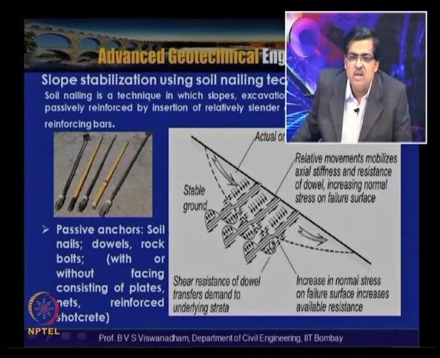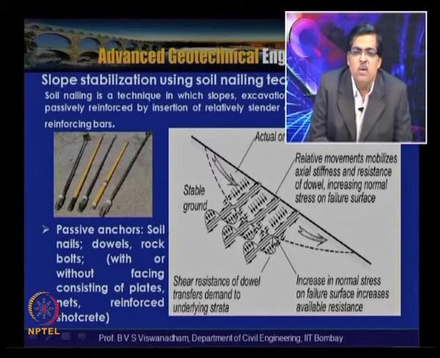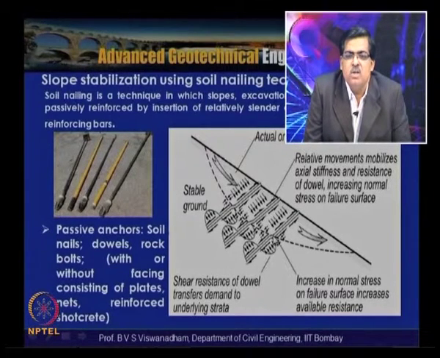So here the increase in the normal stress at this particular portion increases the resistance to the failure along the shear surface, in addition to the resistance offered by the soil.